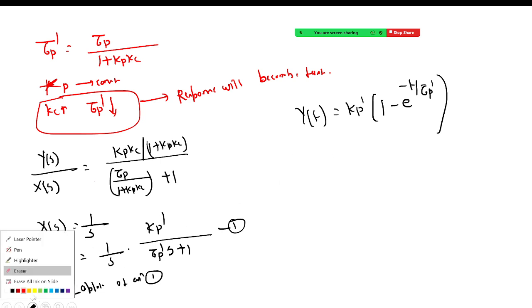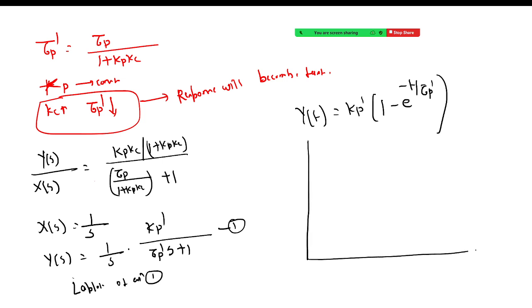Now just try to understand over here. The response will look like that. Here this one is your yt and this one is your t. At t tending to infinity, the response will settle at Kp dash. This one is your Kp dash, so it should be going like that.